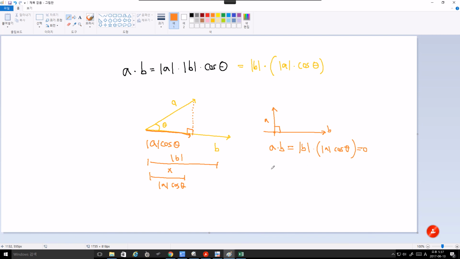And suppose the angle is more than 90 degrees. Okay, now it is theta.